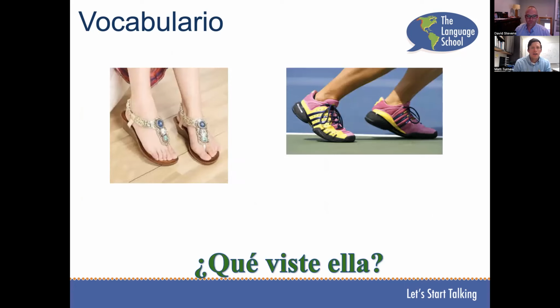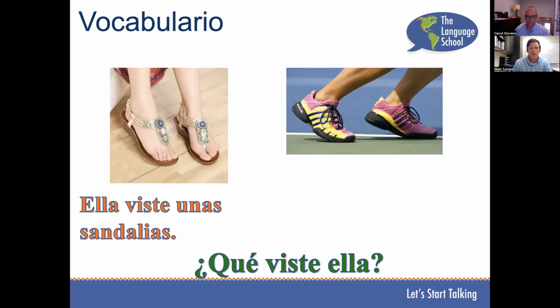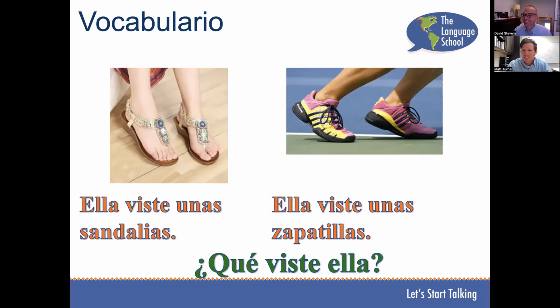Ella viste unas sandalias. ¿Y qué viste ella? La otra. Ella viste unas zapatillas. Zapatillas, that's a new one too.